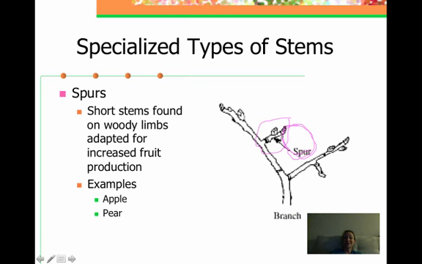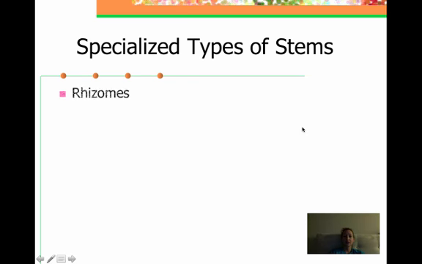You need a short stem that's going to hold that apple up. If it was a long stem, the stem would start to kind of arch over, and the apple would not be held out like it needs to be so that it can grow properly. So instead, we use a shortened stem called a spur, and that can support the fruit's total weight. It's going to increase fruit production as well.